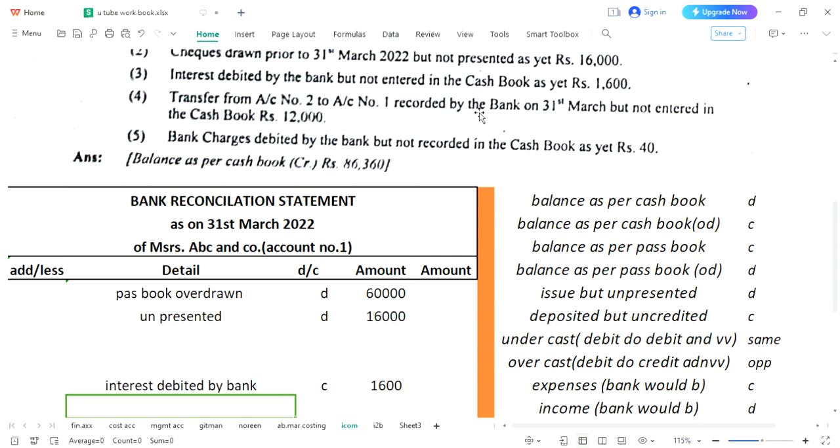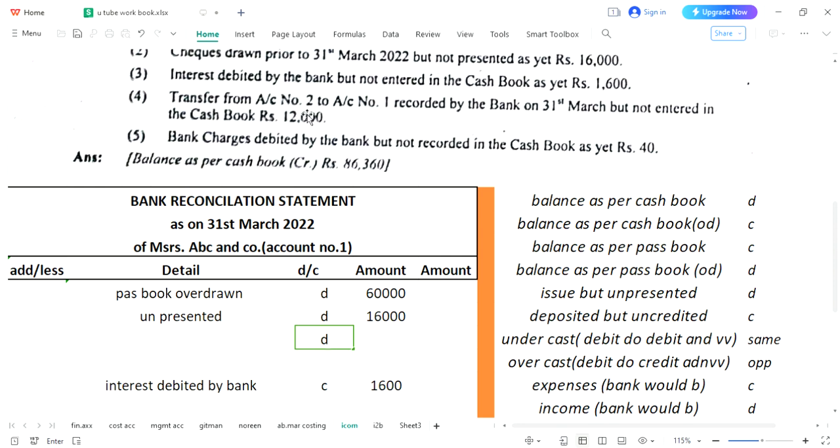1600. And next is transfer from account number 2 to account number 1. And which account are we dealing with? Account number 1. It means the amount has been deposited in account number 1, or the amount of account number 1 has been increased. So an increase in the bank account should be written on the debit side.